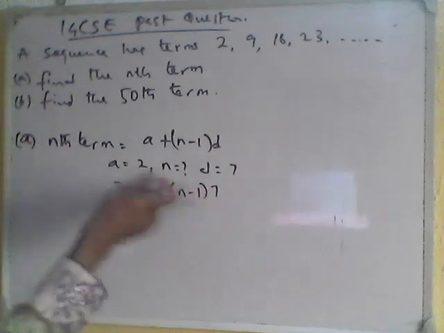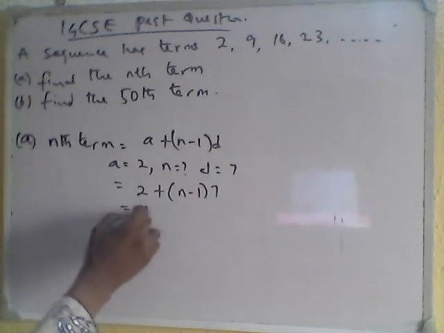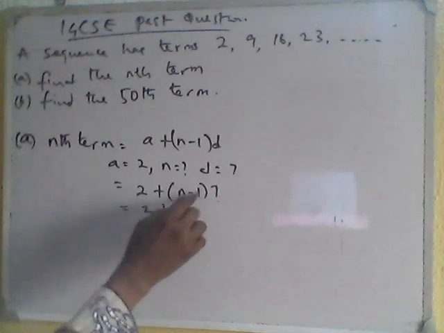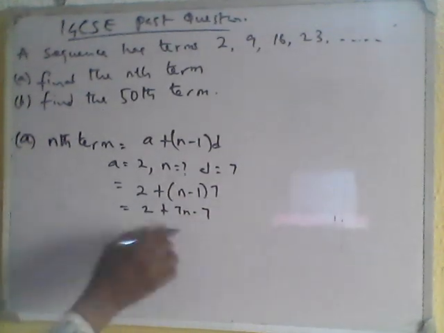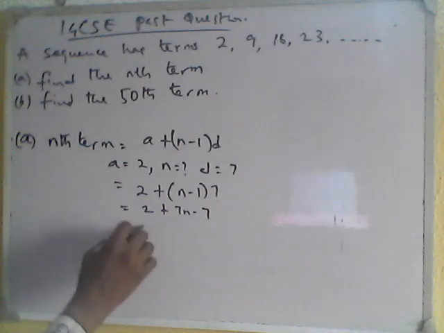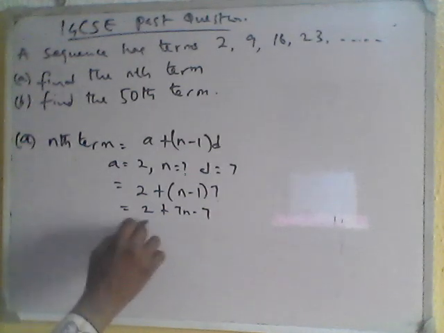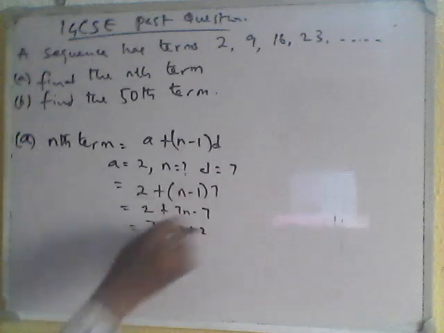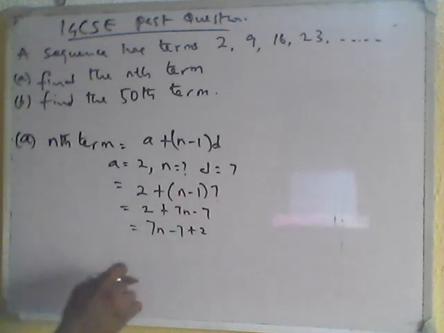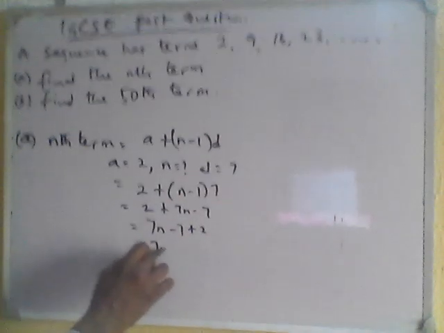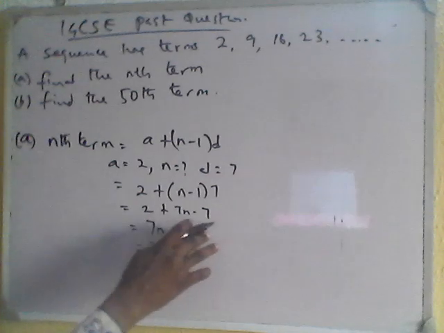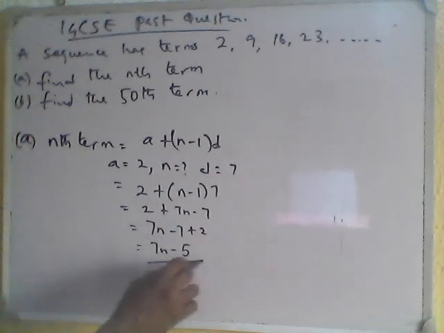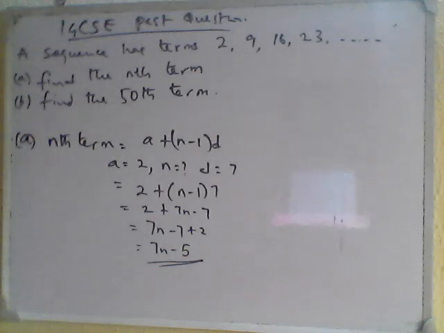So I can expand this. 2 plus 7 times n is 7n, minus 7 times 1 is 7. Collect the like terms. So I have 7n minus 7 plus 2, I just change the position. So 7n minus 7 plus 2 is 7n minus 5. So this is the nth term for that particular sequence.